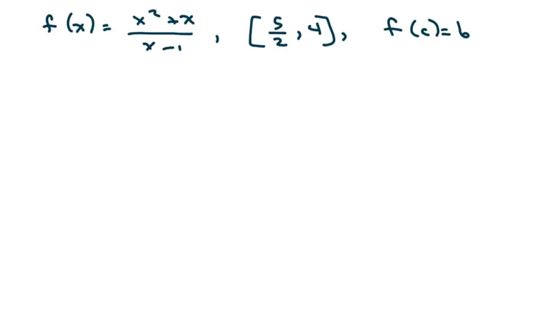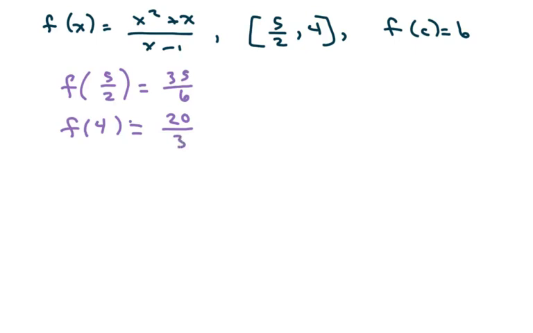The last one is this one. So we're going to do f of 5/2, and we're also going to do f of 4. So f of 5/2 equals 35/6, which is very close to 6. f of 4 is 20/3, which is close to 7.